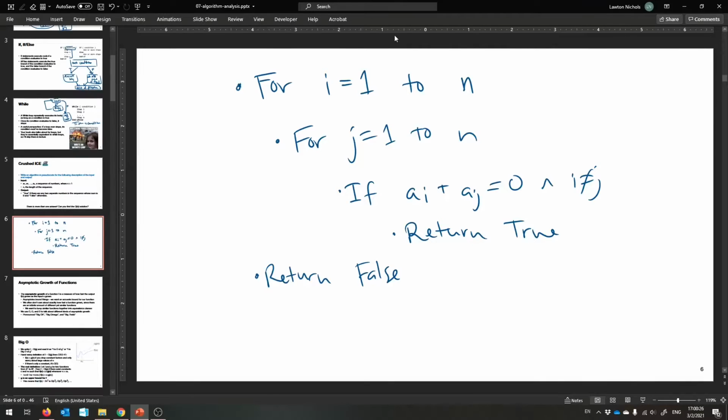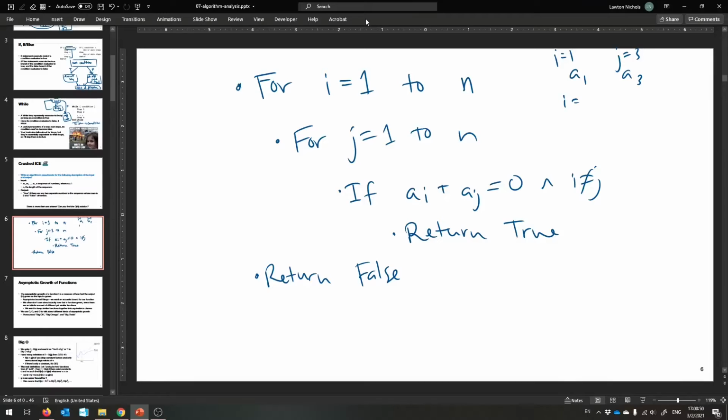Okay, this is slightly inefficient because notice that you can look at A1 and A3. Let's pretend that I equals 1 and j equals 3, and we'll sum them together and see if they're 0. The loop does that, but it also does it like this.